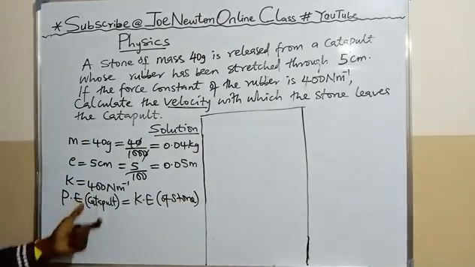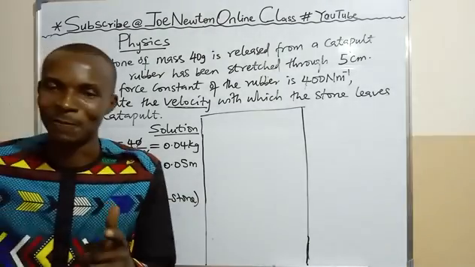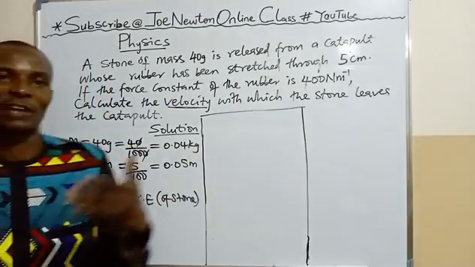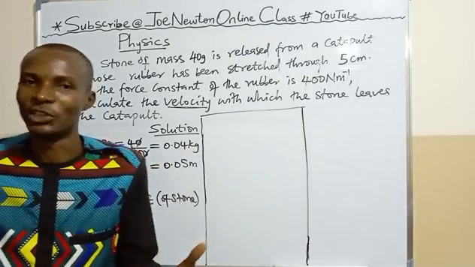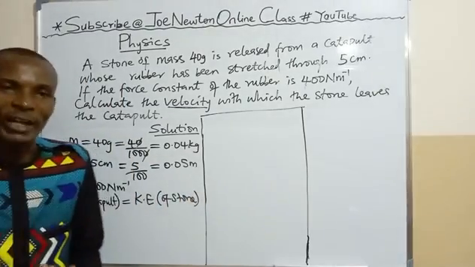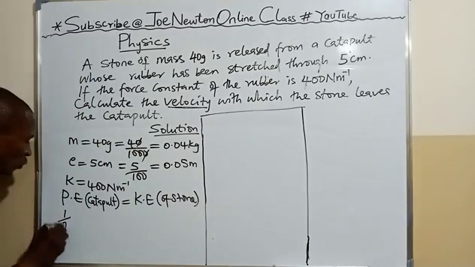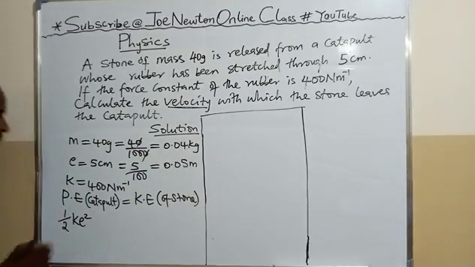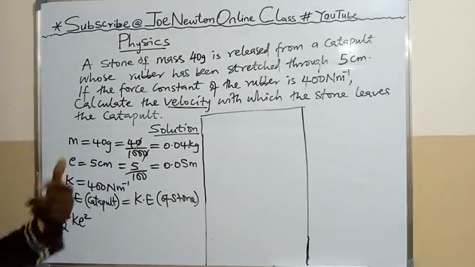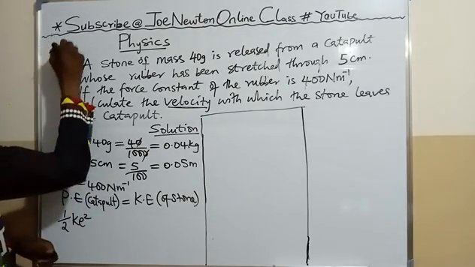That is it. Now we put it in equation. This potential energy here is not mechanical potential energy, where we have PE equals mass times acceleration due to gravity times height, mgh as usual. No. This one now is elastic potential energy. That is work done in an elastic material. And the formula is given by 1 over 2 Ke squared or 1 over 2 Fe, because recall that in elasticity our F equals Ke.